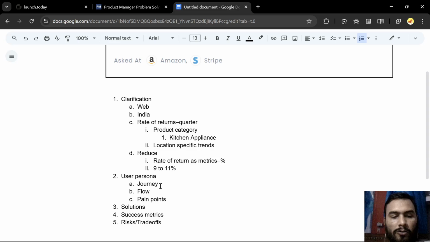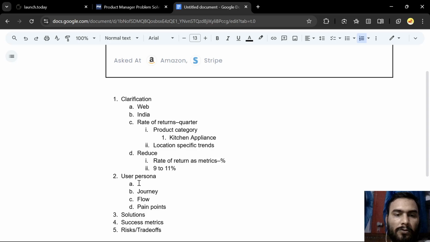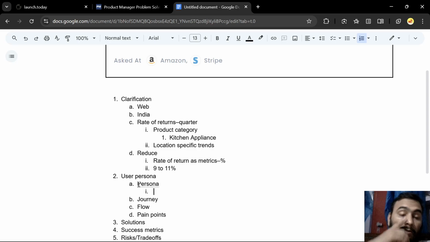So first let us think about some of the personas, then we will think about the journey. We will pick one and then think about it.